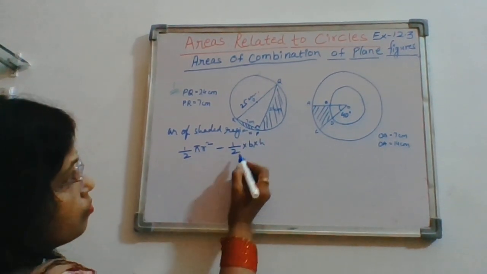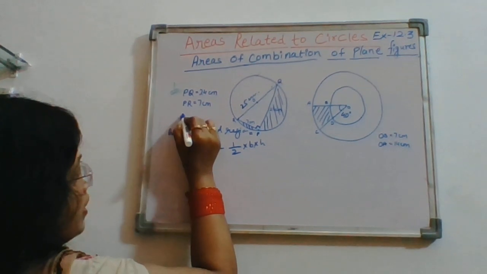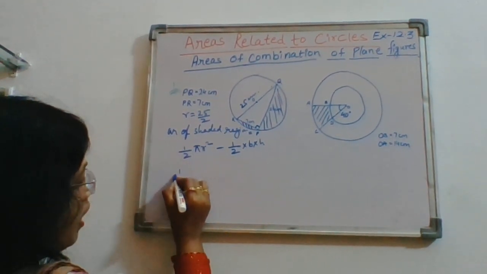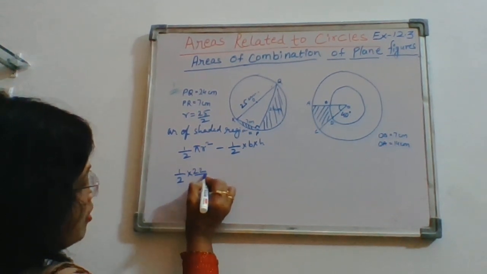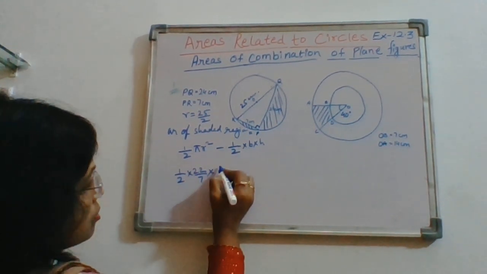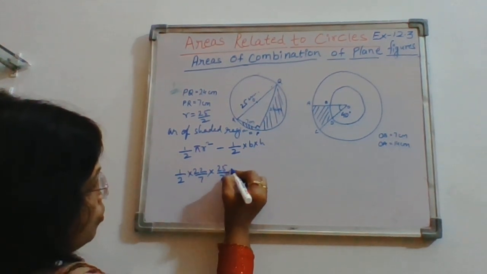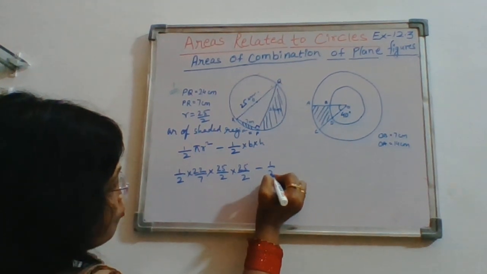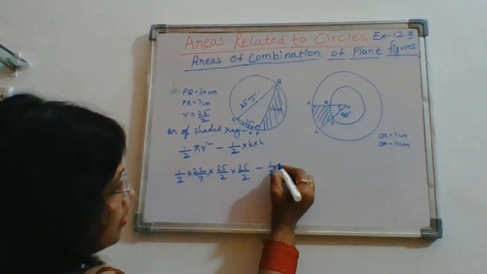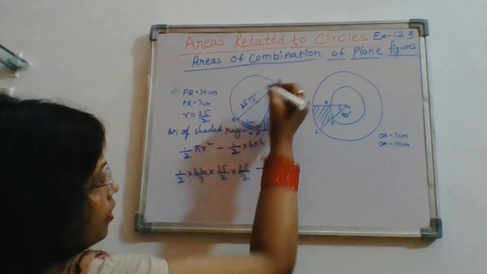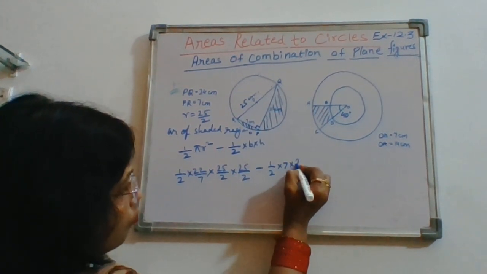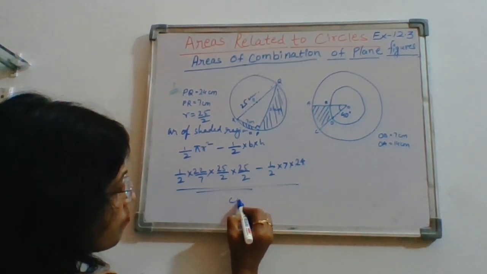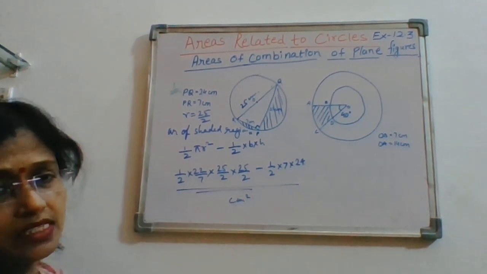Now, this is the diameter, so radius will be equal to 25 by 2. So half into 22 by 7 into r square, r square will be 25 by 2 into 25 by 2, minus half base into height. Base we will be considering as 7, so its corresponding height is 24. Now, just calculate this. You will be getting the area of the shaded region.